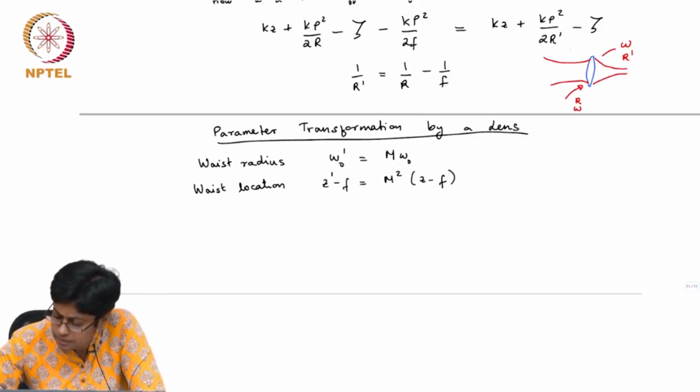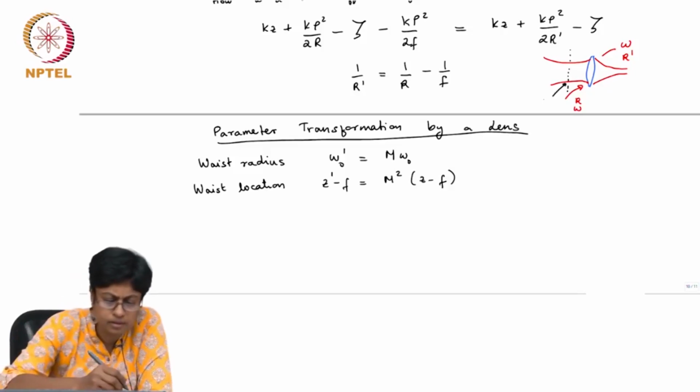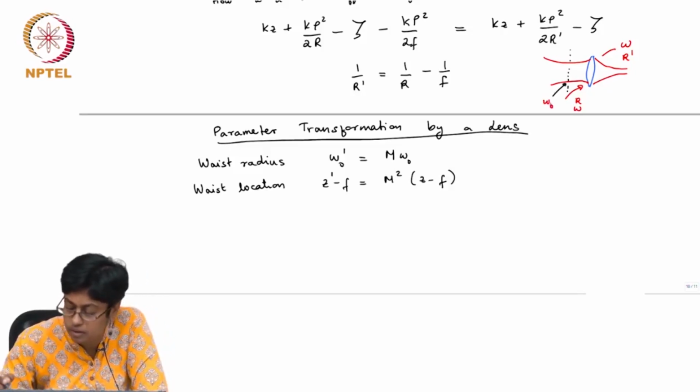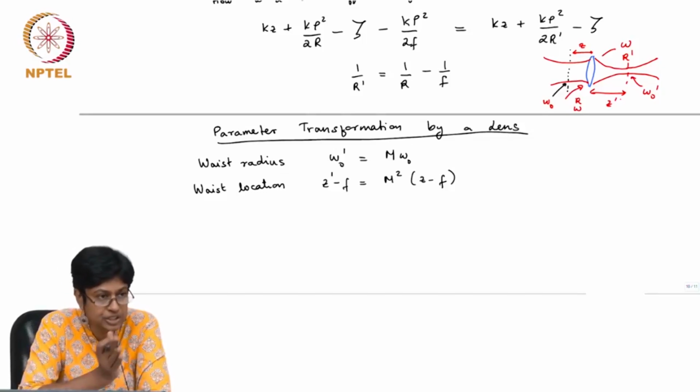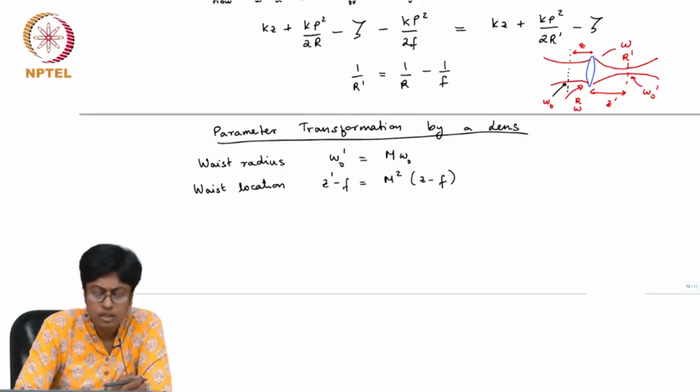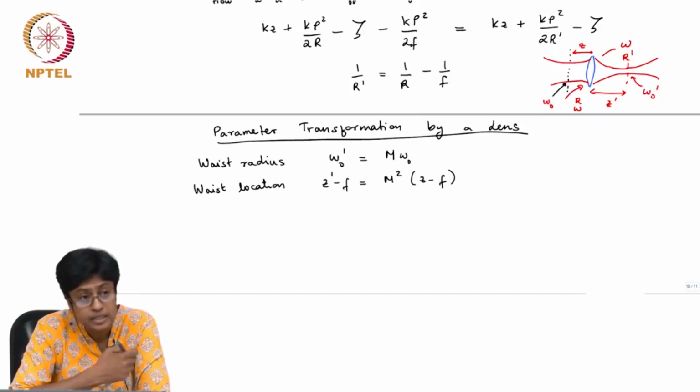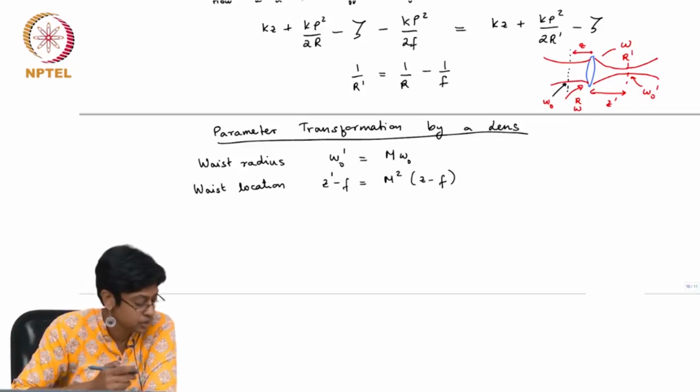Well, if this is the waist here, so this is omega naught before the lens, this distance is Z, and if this is the new waist location, this is omega naught dash, and this will be Z dash, always measured from the lens. So the waist location, how has it changed? It has also changed based on the magnification, but it's now m squared, as well as of course the focal length of the lens that you're using.